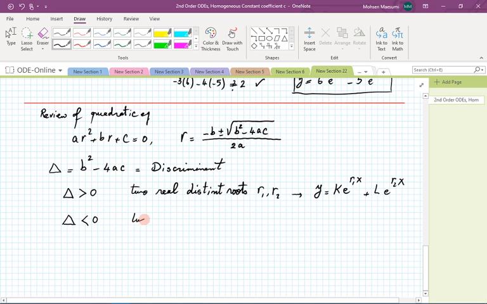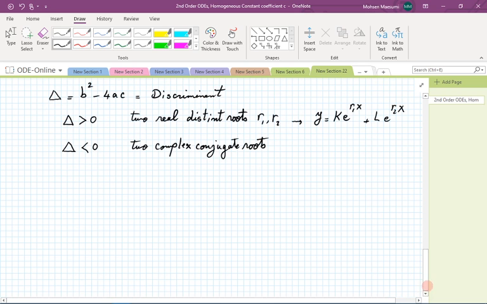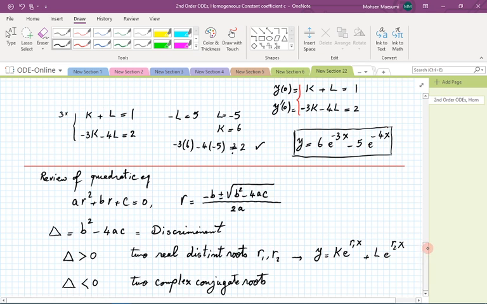So we call this two complex conjugate roots. You can still call them R1 and R2, and you can put it up there in the exponent, and that is actually perfectly all right and correct.